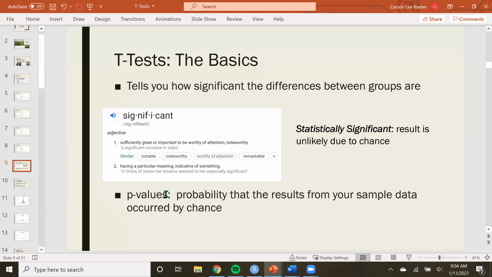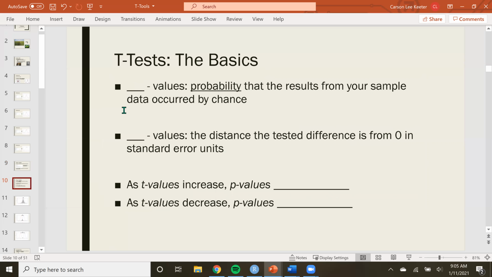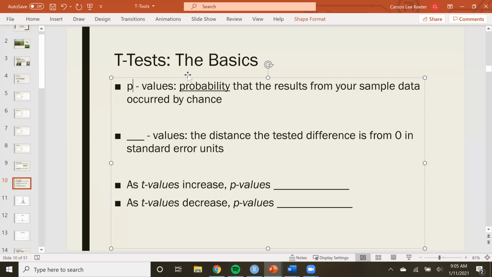Okay, so long and short, we use p-values to determine whether or not the result we saw was due to chance, okay, due to randomness. Okay, so I'll fill that in again here. We have p-values, again, definition there. But also we have this idea of distance, okay?